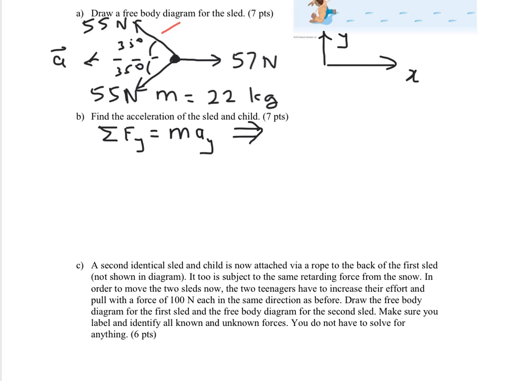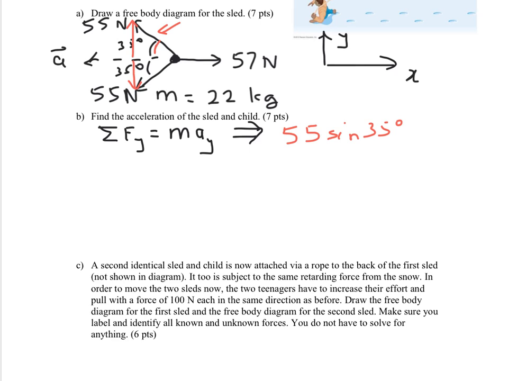this force has a y component that is this way, upwards. And it is opposite this angle, 35 degrees, so you know it is sine. That means it is 55 sine 35 degrees. Now, likewise, this second force from the second teenager has a y component that is pointing down.